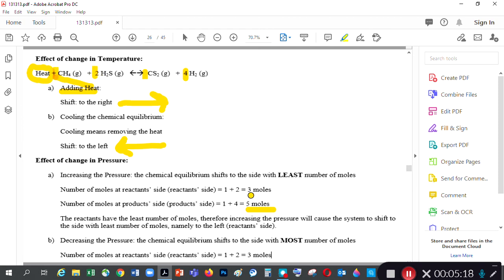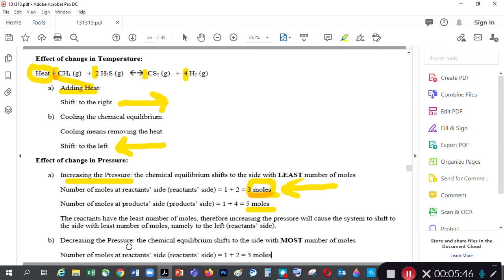So 3. The reactants are 3. So when you increase the pressure, the shift will be towards the least number of moles, which is 3 moles, the reactant side. It will go to the reactant side, correct?